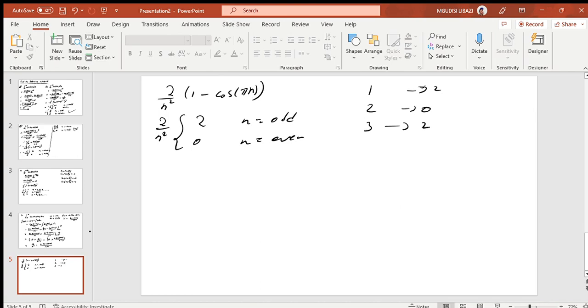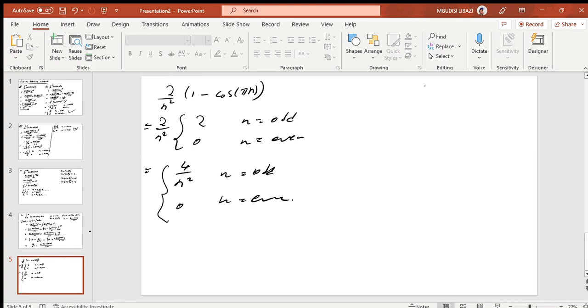Substituting 3, 2 again. Substituting 4, 0. So even is 0, odd we get a 2. So from there you can put our final answer as 4 over n squared when n is equal to an odd number, and 0 when n is equal to an even number. So that is how we can evaluate our integral there.